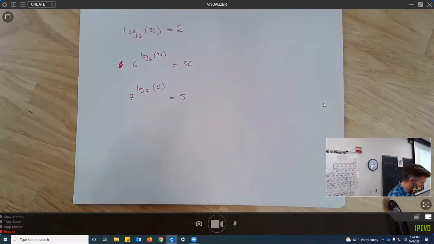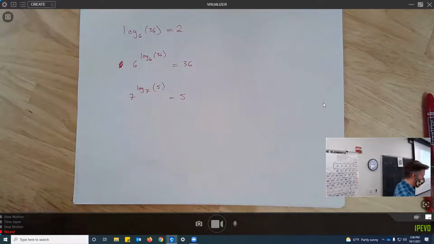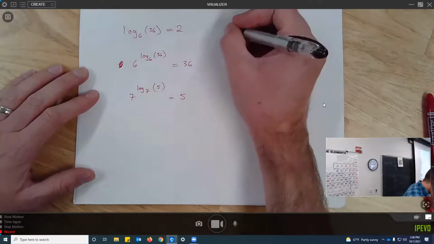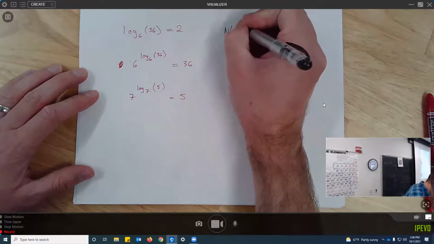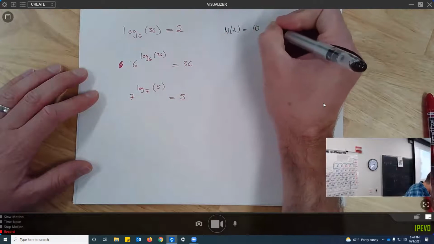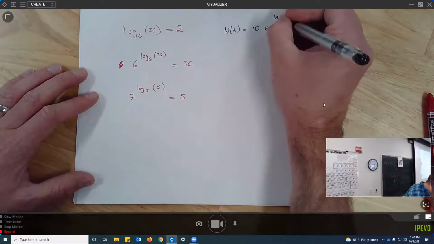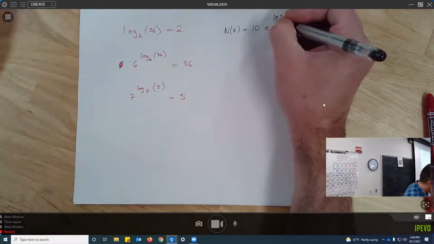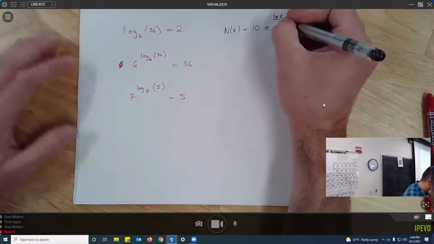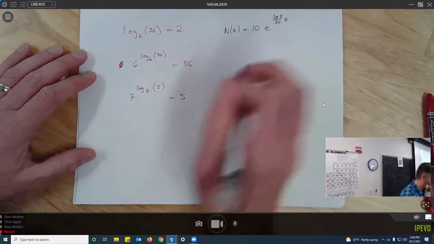Good question. Yeah, definitely get to the heart of what this is really about. So back to the thing we were doing, which was modeling this thing. We found the model. And I was writing the model as 10 e to the natural log of 2 over 20, I believe, times t.